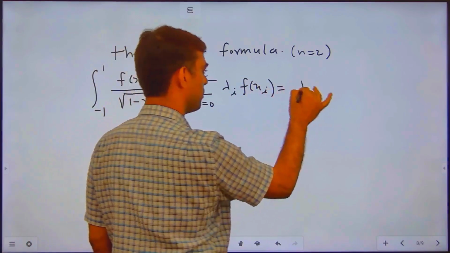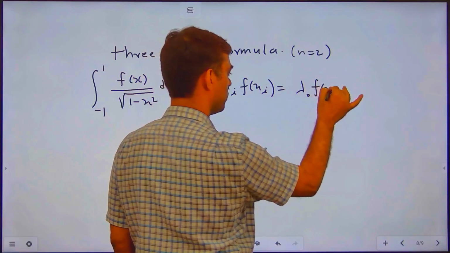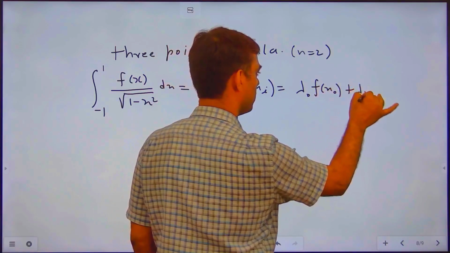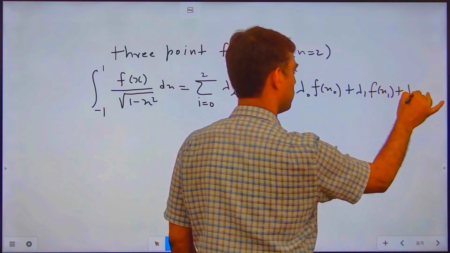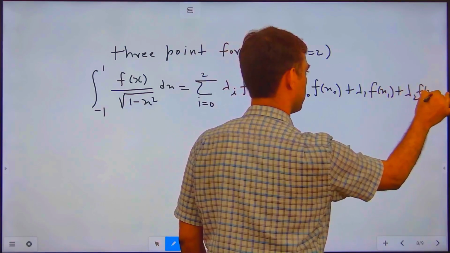This becomes lambda 0 f of x0 plus lambda 1 f of x1 plus lambda 2 f of x2.